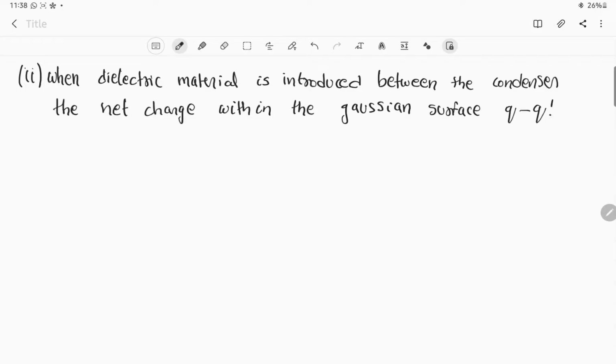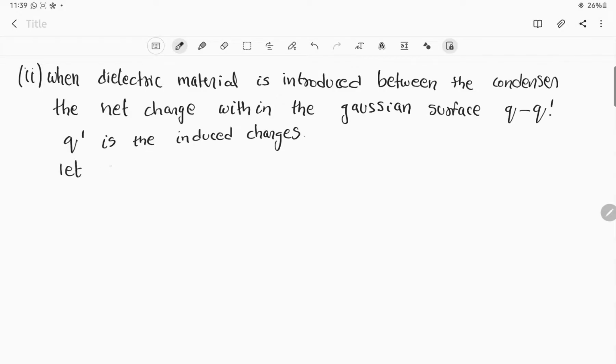You need to remember this, right? Q minus q dash. Now what is q dash? You can see there are induced charges in the diagram, where q dash is the induced charge. Clear everybody?